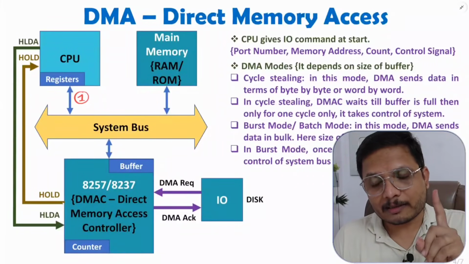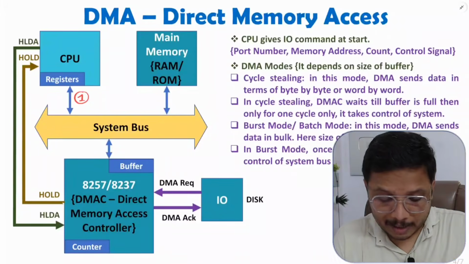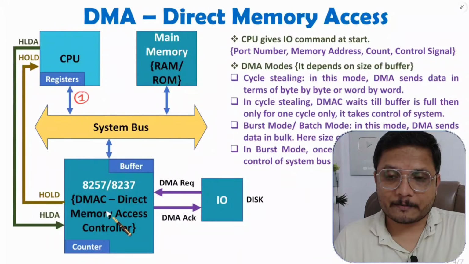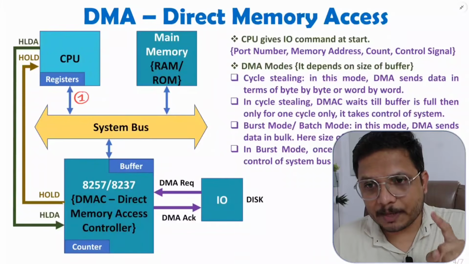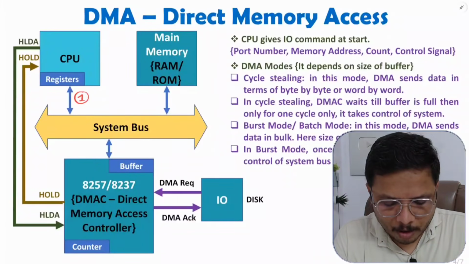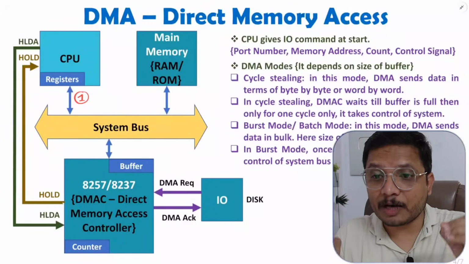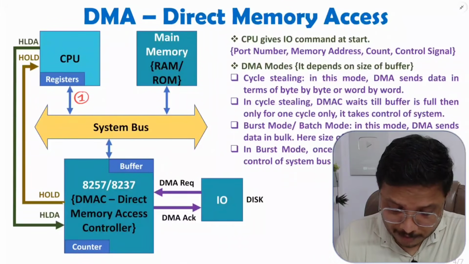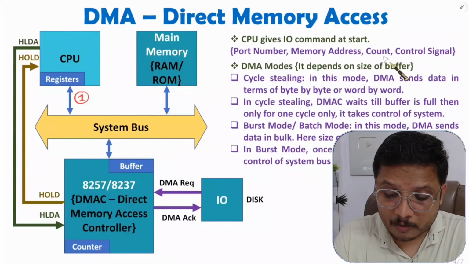So the first thing done by the CPU is to give the IO command, and that IO command reaches direct memory access. Once the IO command is given by the CPU, the CPU's job is completed. Now the CPU will not bother about what is happening here, meaning the CPU is free to execute other tasks. Now direct memory access has the idea about port number, memory address, count and control signals.